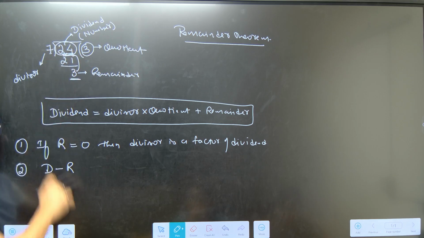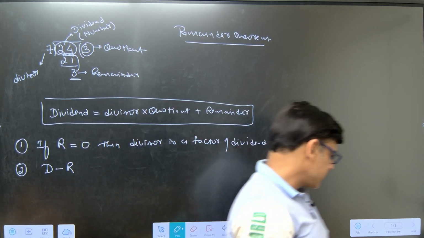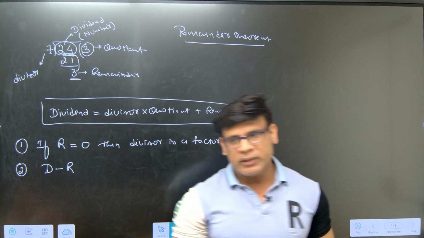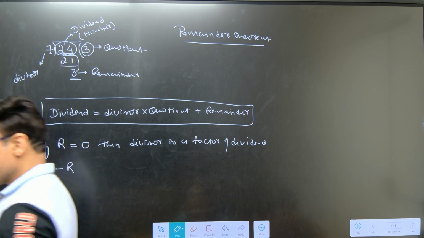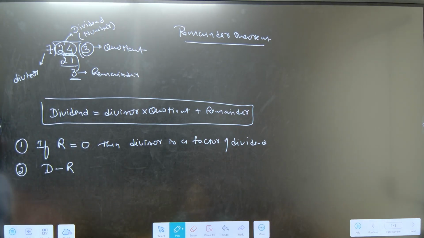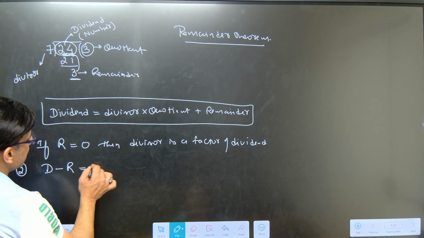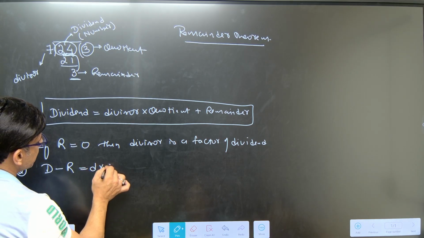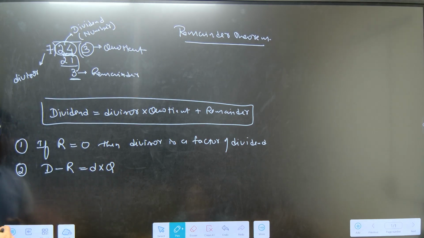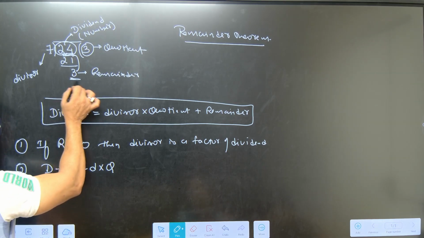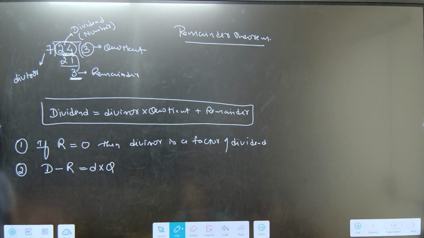If you subtract 3, 24 minus 3 is 21, and then 21 will be divisible by 7. So D minus R will be equal to D into Q. So if you want to make a number completely divisible, in this case by 7, subtract the remainder from it.